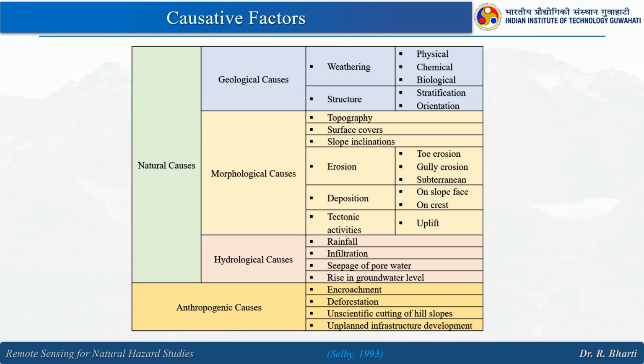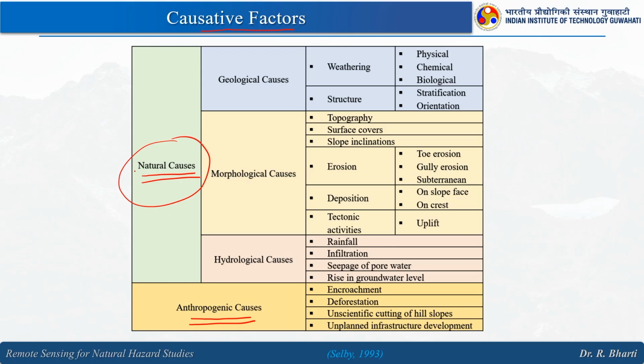This particular slide gives you the information about the causative factor. Here it has been divided into two major categories. The first one is the natural causes and the second one is anthropogenic. But in the field, you will be able to identify whether the natural processes are triggering this landslide or the anthropogenic ones, right.